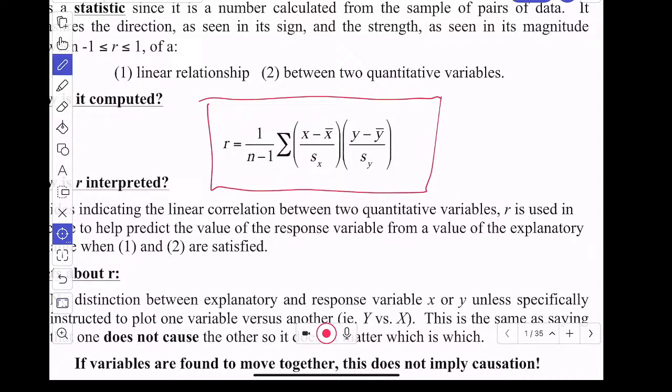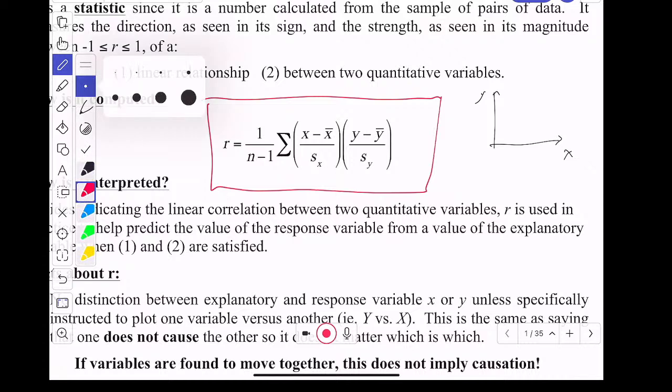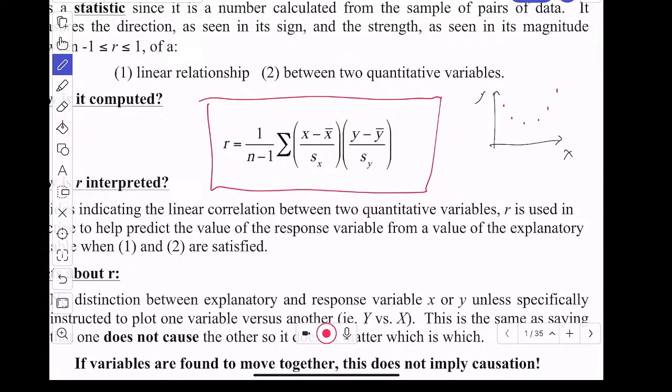So for instance, when we had the curve, we had that curve relationship. This is linear. This is nonlinear.